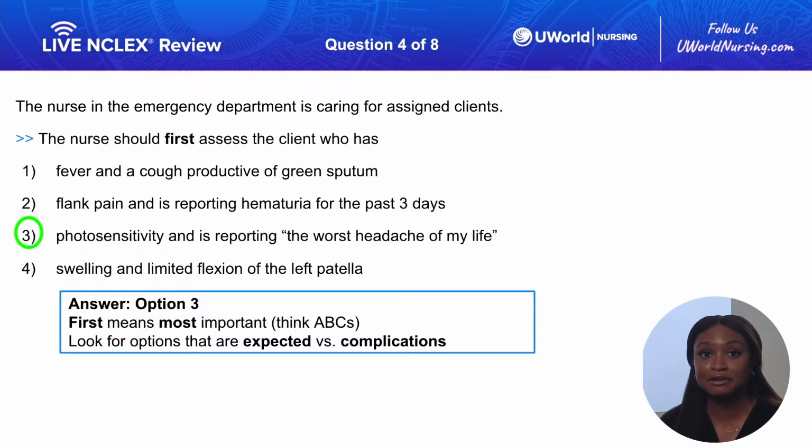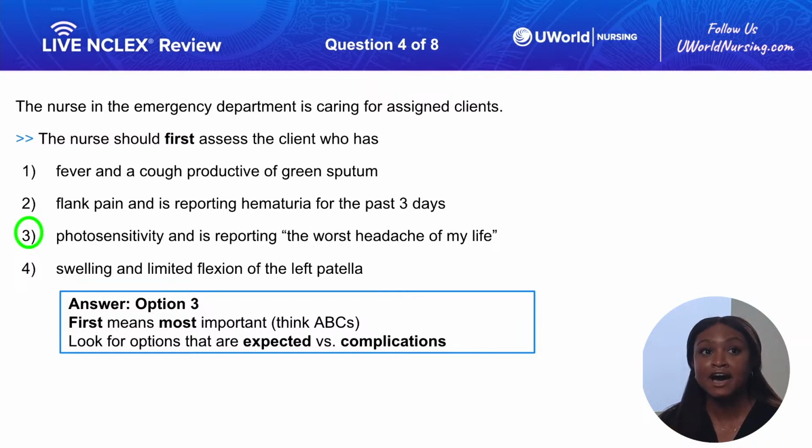So that's not going to be our highest priority right now. Flank pain and is reporting hematuria for the past 3 days. Again, this is showing pyelonephritis, another infection, another thing that we definitely want to keep an eye on, especially since it is hematuria, but it's not gross hematuria, so it's not our priority at this moment.